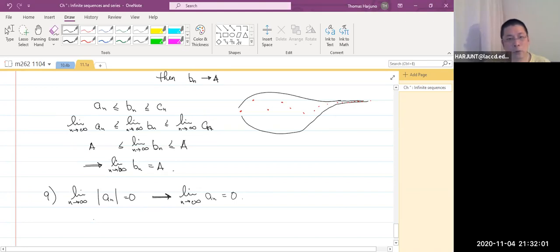Okay, I prefer to write it this way: if the absolute value of the sequence goes to 0, then the sequence itself must go to 0.